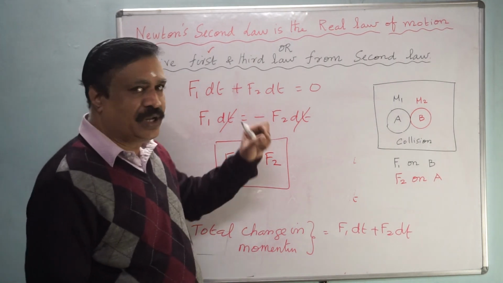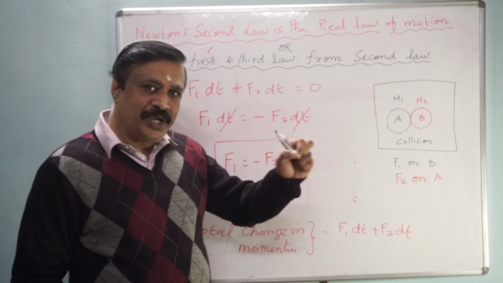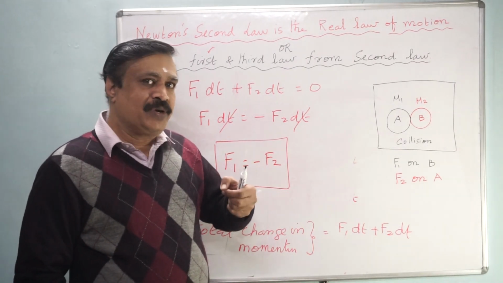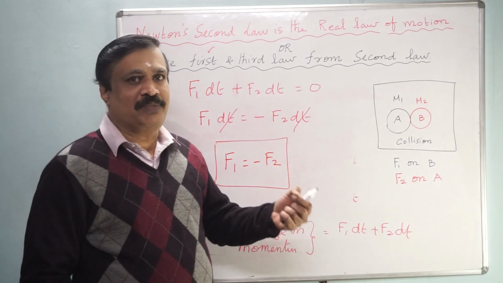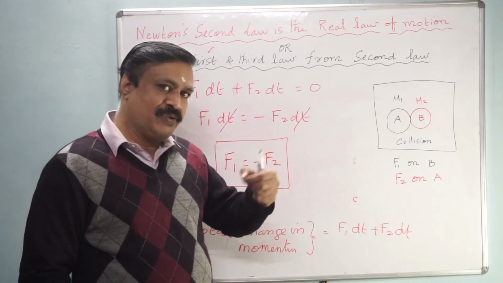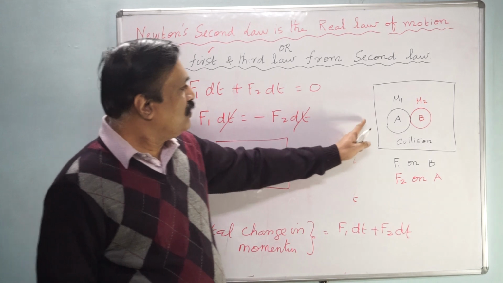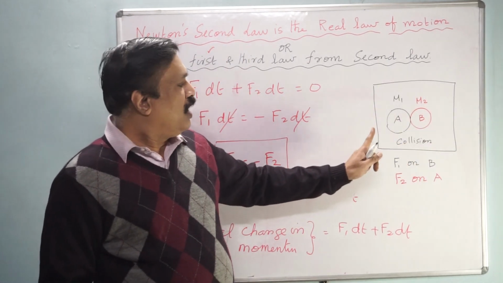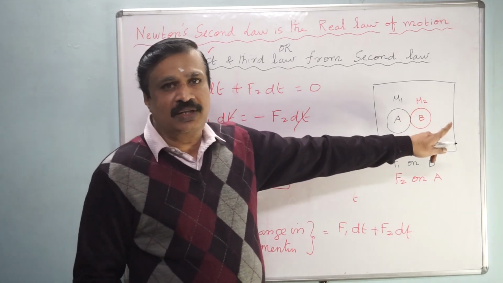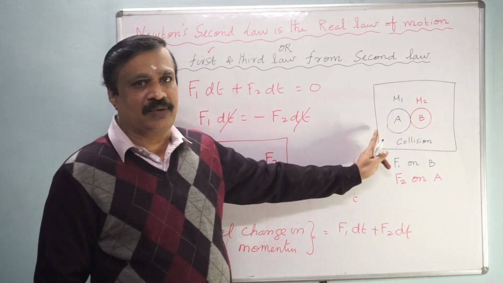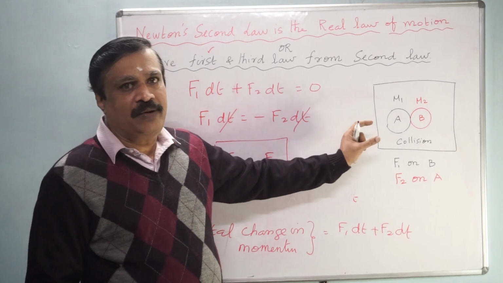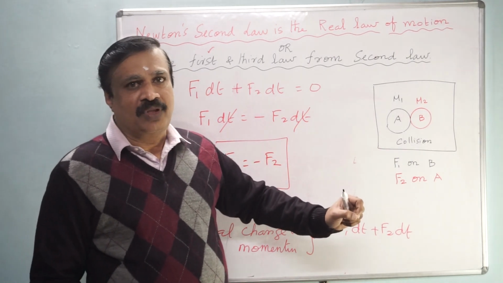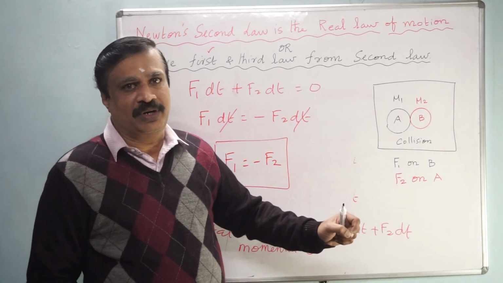That means we have taken F equal to dp by dt, cross multiplied, and dp equal to F into dt. That means change in momentum equals F into dt. Then we have taken two spheres in an isolated system, one exerting a force on the other, and the other exerting a force on it. We have taken the momentum of one and the momentum of the other, and we have taken the total change in momentum.